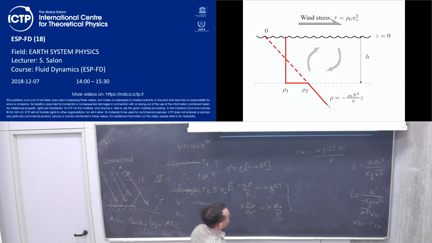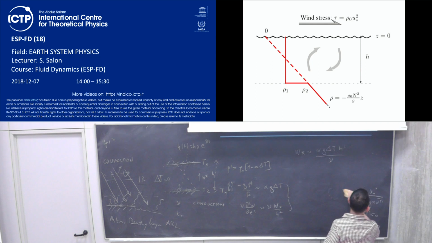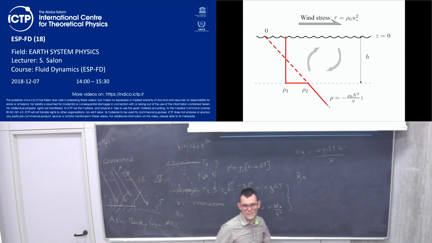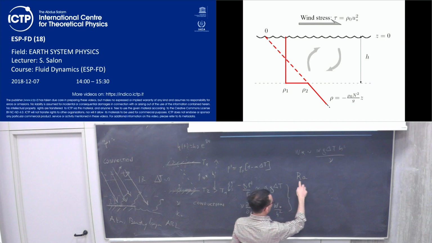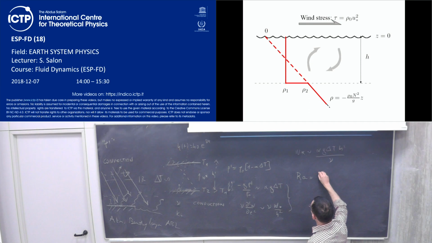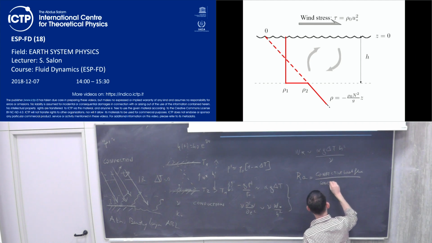So now we can define a new dimensionless number, which is called the Rayleigh number, capital R, A. And the Rayleigh number is the ratio between the convective heat flux and the conductive heat flux.